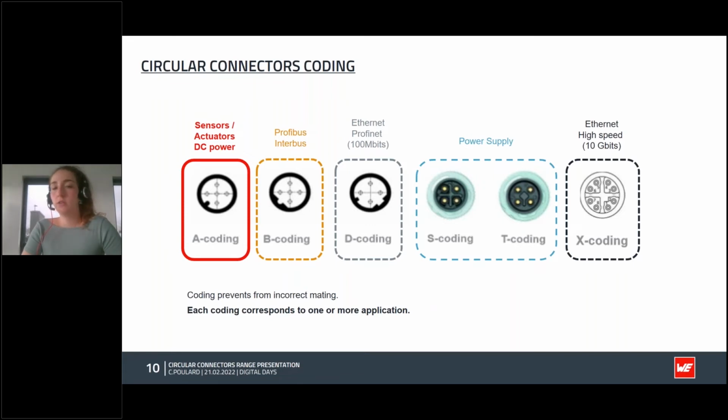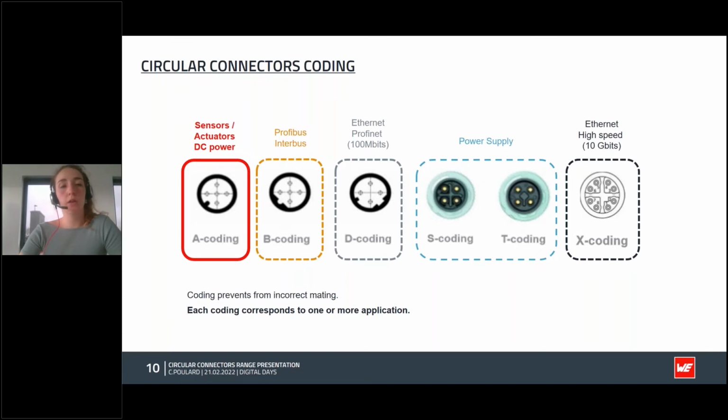Still towards data, there's a coding that came on the market a bit afterwards, not new now, the X coding, which is really oriented towards high-speed Ethernet. Two other codings that we can also find quite usually are the codings S and T, with bigger pins and also better insulation. They're made for power supplies and can pass higher currents and voltage ratings.